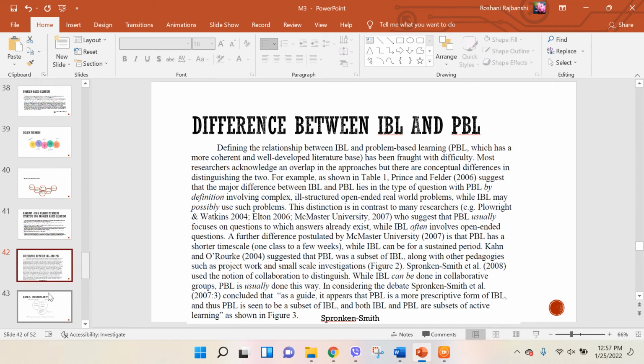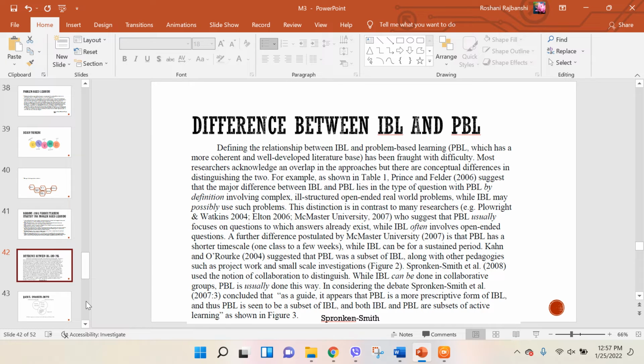Now, talking about the difference between IBL and problem-based learning, sometimes it is called PRBL or PBL. This is from the Spronken-Smith article that I think we have already read. I'll just read out the differences between inquiry-based learning and problem-based learning. Defining the relationship between IBL and problem-based learning is fraught with difficulty.